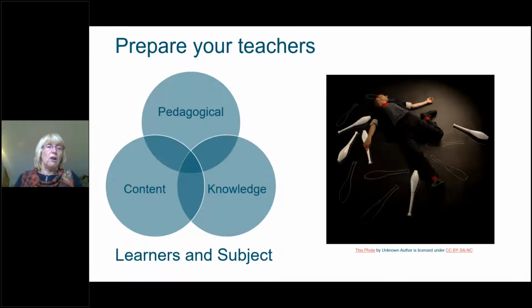So that model of the pedagogical content knowledge that's part of the NCCE training that happens, we need to make sure that we are confident that we know our learners, we know our subject, and the teachers have enough of a repertoire, both in terms of the pedagogy and strategies, that their knowledge is confident, so that as we're doing this juggling, they've got that knowledge behind them, that confidence to apply it. Because one thing we know with progression is we always need to be flexible and adaptive.